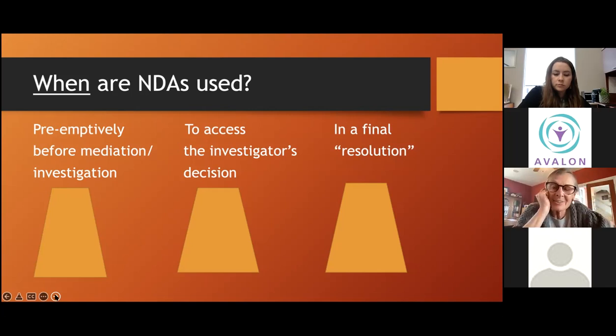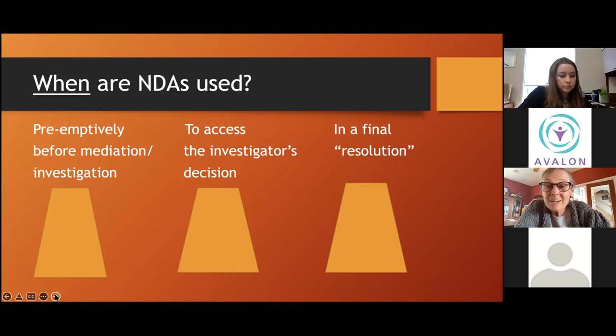And then the other time, less common, but I think it's worth mentioning, that people are being asked to sign NDAs is if there's been an investigation. If in your workplace you've brought forward a complaint about sexual harassment or some other kind of sexual misconduct, and there is an investigation, there is no straightforward entitlement, although health and safety lawyers might argue otherwise, but they haven't been successful with doing this yet.